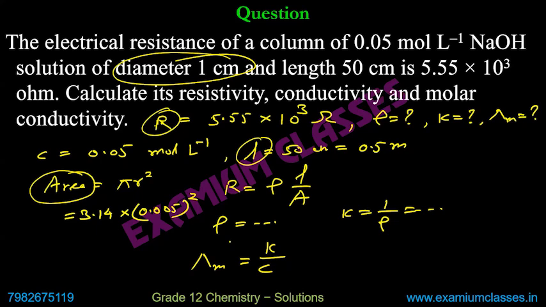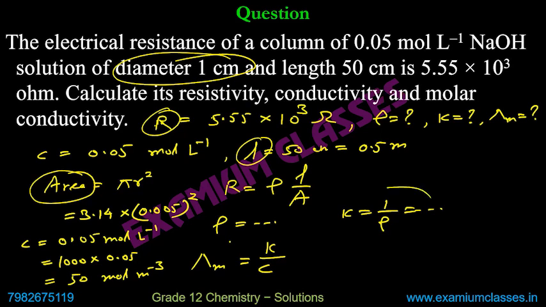So C is given as 0.05 mole per liter. It will be 1000 into 0.05, that is 50 mole per cubic meter. Either you divide by 10 to the power minus 3 or multiply by 1000. It is the same thing. So substitute these values, whatever kappa you have got here and whatever C is there, you will get the answer.